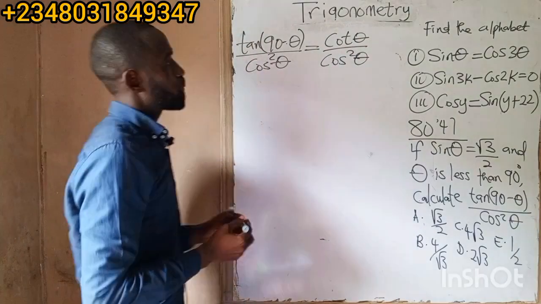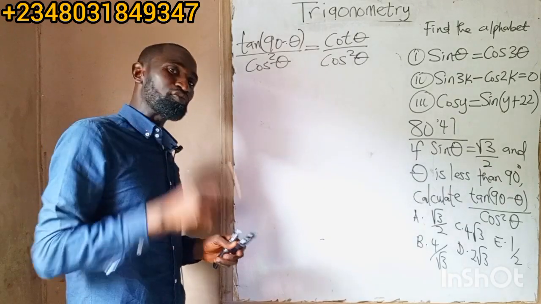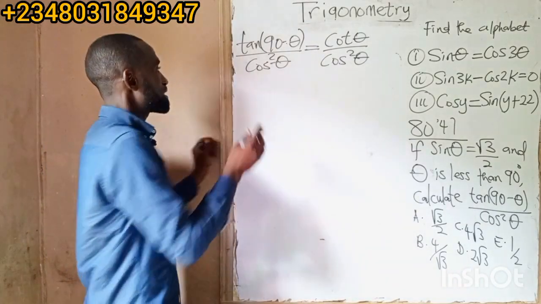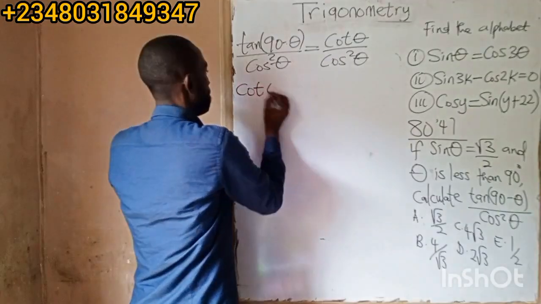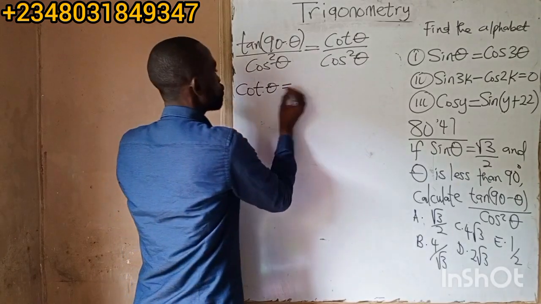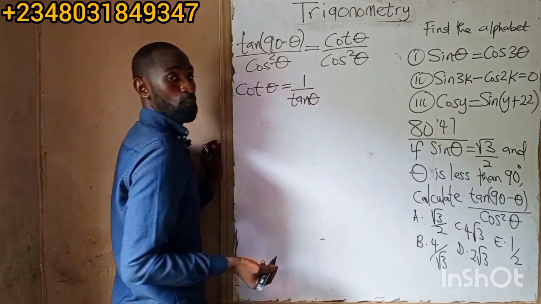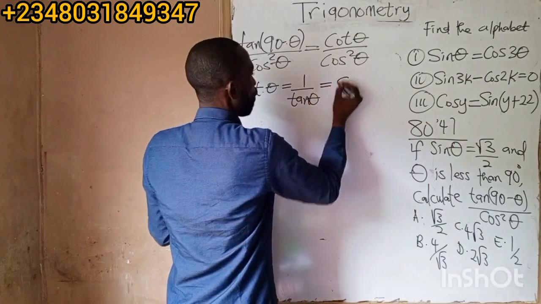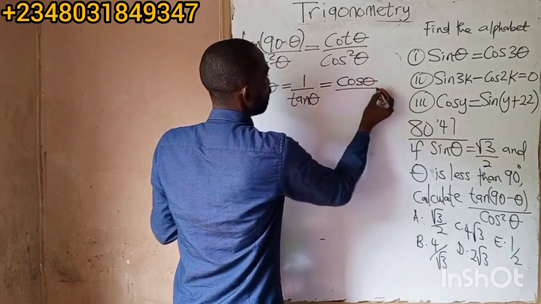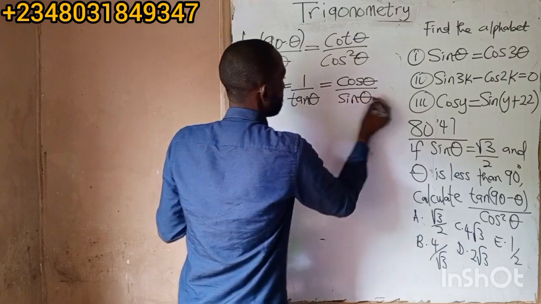Are you with me in class? And cot is the inverse of tan. You know that cot theta is equal to 1 over tan theta, which is the same as saying what now? Cos theta all over sin theta.